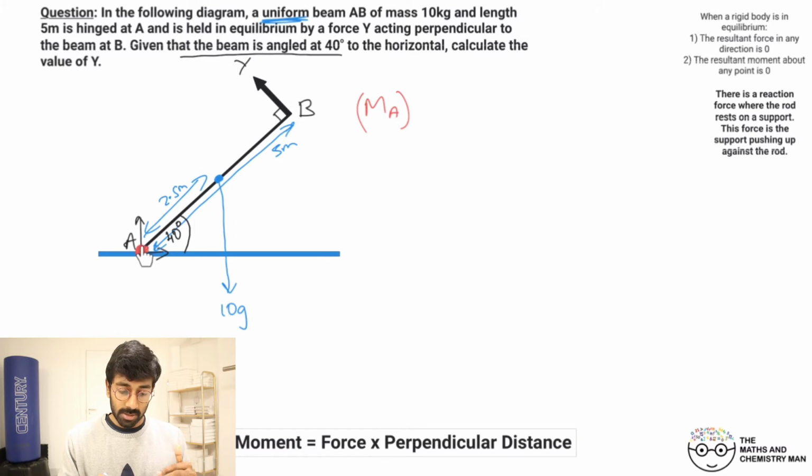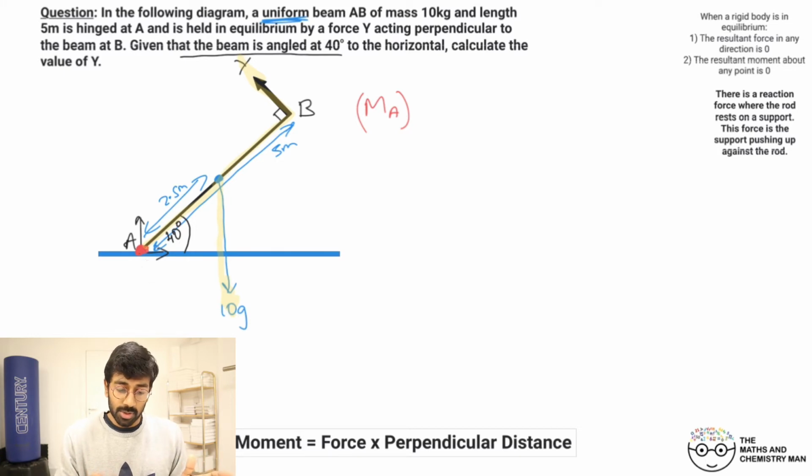And that's because the distance to these forces is 0. So if you're thinking about our formula, force times perpendicular distance, the perpendicular distance is 0. So we can get rid of those forces completely. So the only forces that we're actually looking at are the 10g and this force y. And now what we need to do is calculate the value of y.